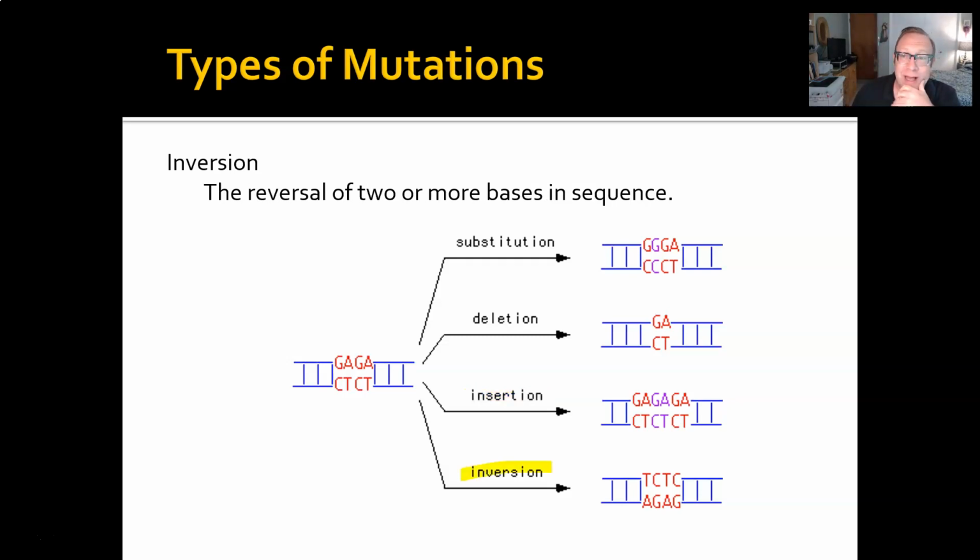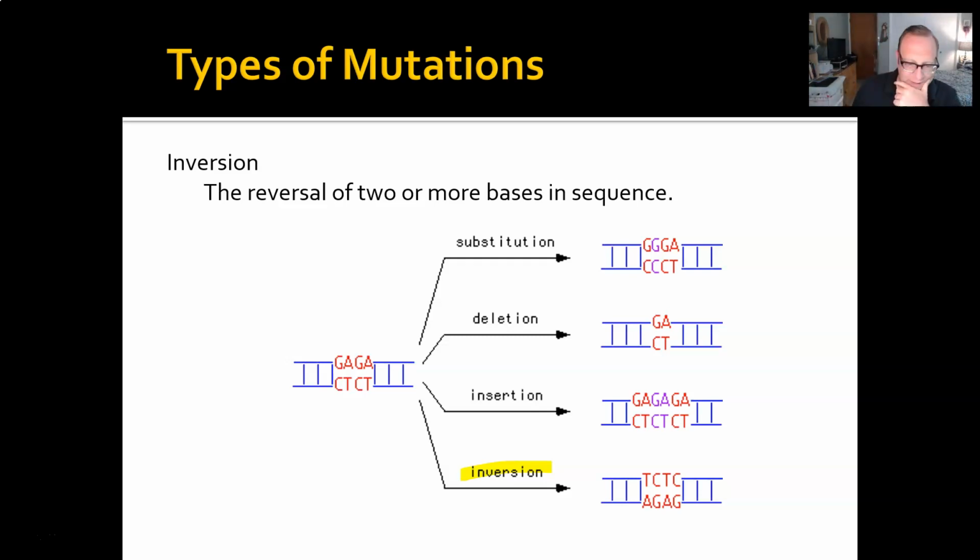And finally, you can have an inversion. An inversion is when they copy the wrong side of the DNA when they're replicating. So the left side goes to the right and the right side goes to the left. I'm saying right and left, but you get my picture there, right? It's just flipped.